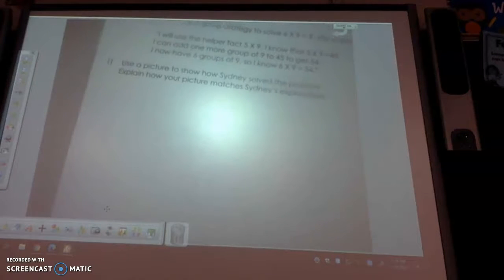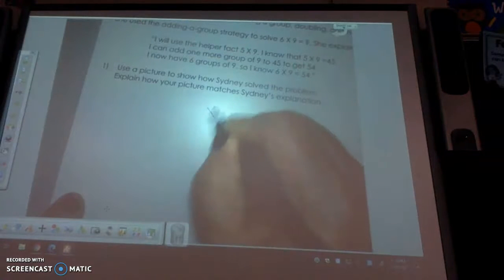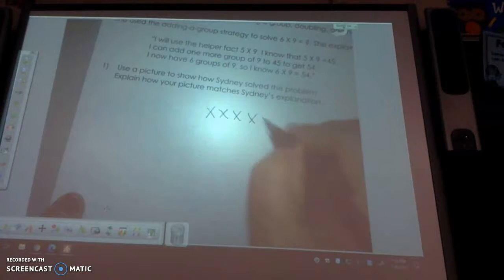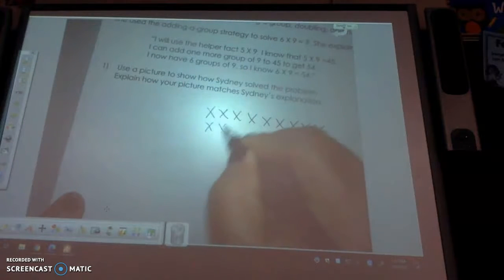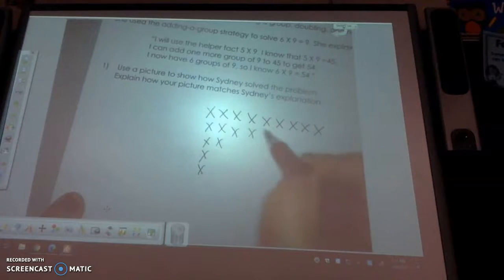You're going to start with 5 times 9. So I'm going to make 1, 2, 3, 4, 5, 6, 7, 8, 9. Again, it's 5, so I'm going to go 5 down and make 9 across. Making my array, this is my picture.